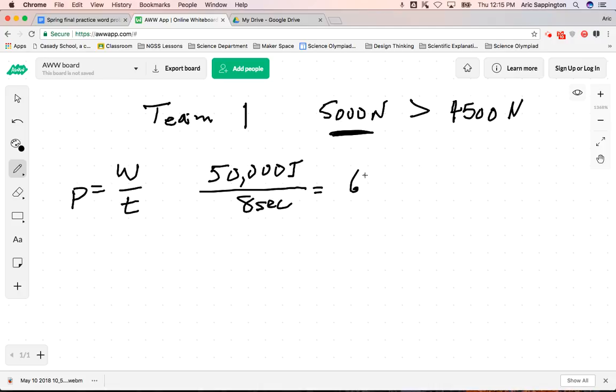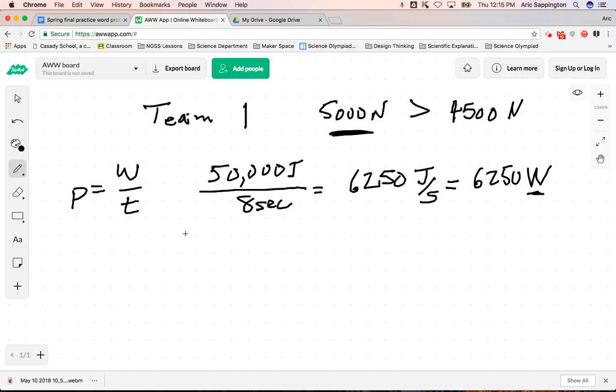It's going to be around 6,250. Now, the units on this is joules per second. And just so you know, a joule per second is also known as a watt, which is the unit that you've memorized as the unit of power. So watt is the same thing as a joule per second.